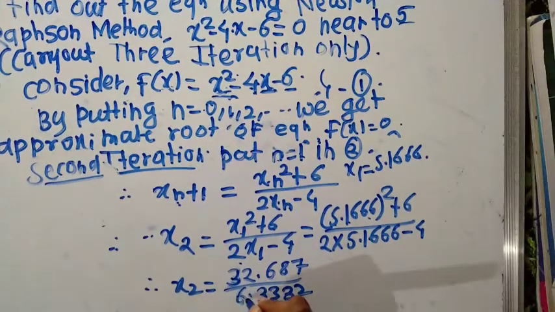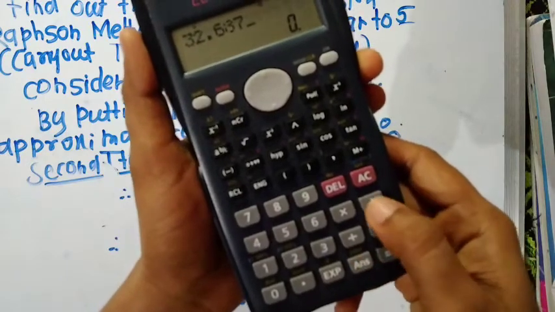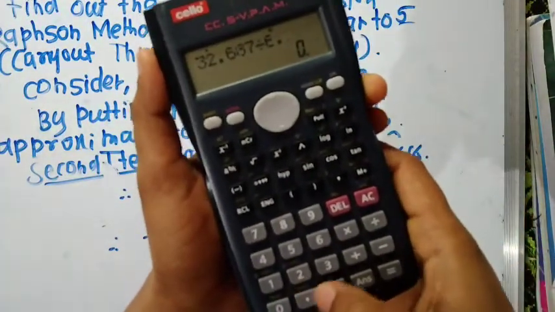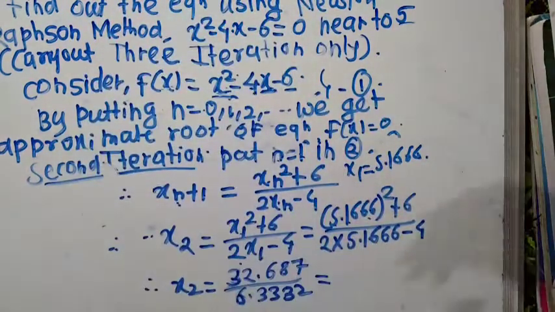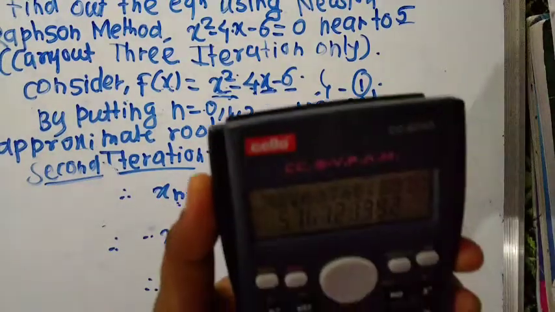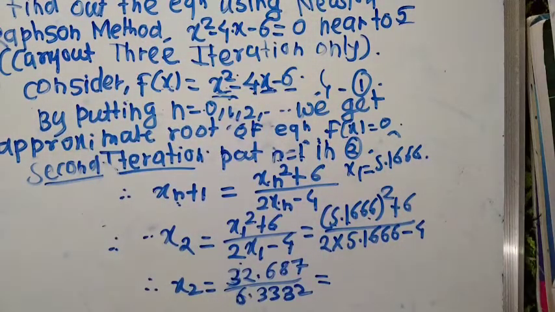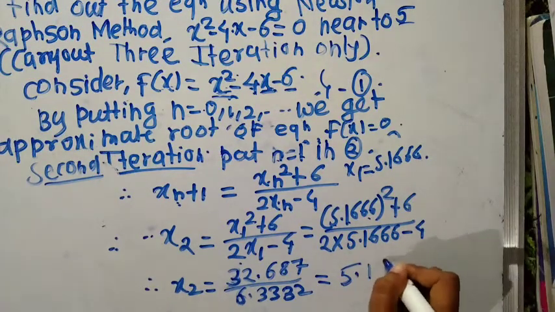So divide: 32.687 divided by 6.3332, which is equal to 5.1622. So x2 is 5.1622.